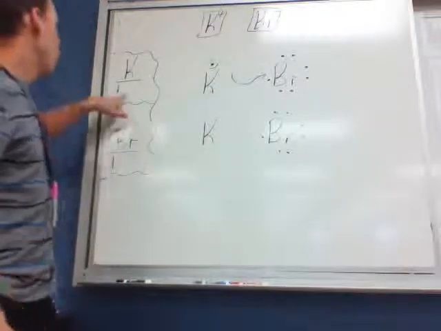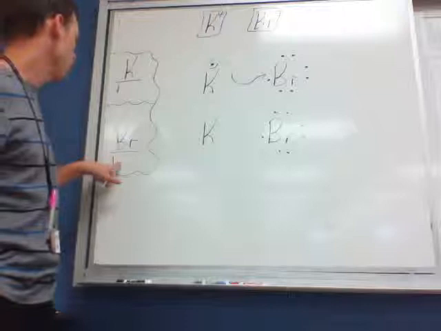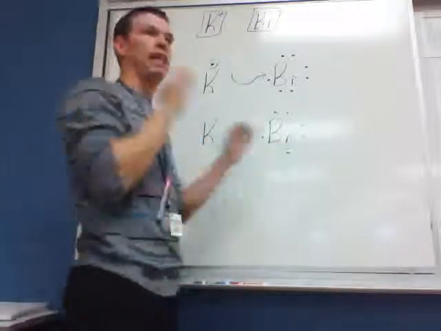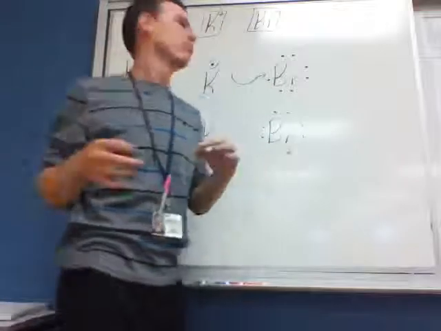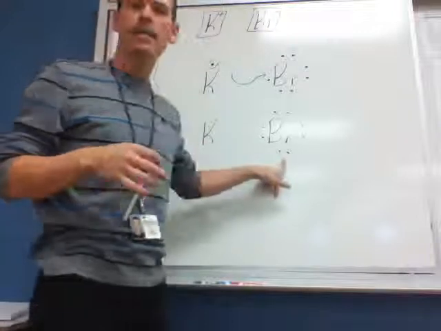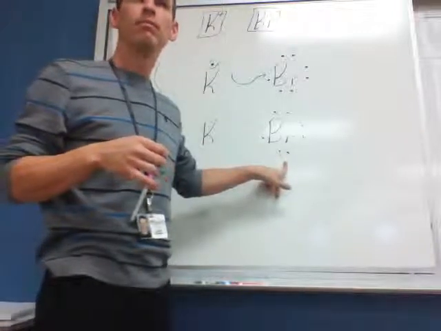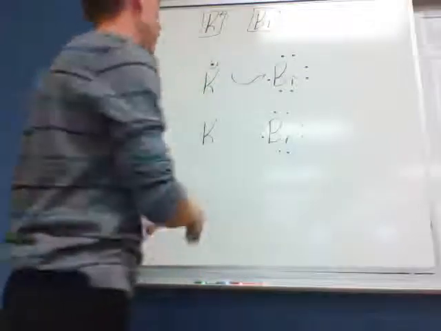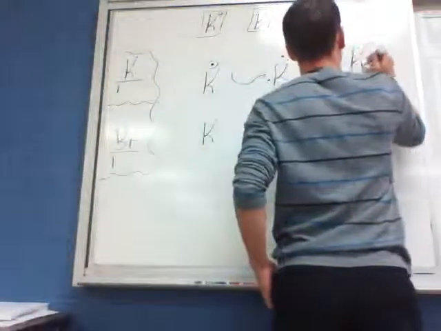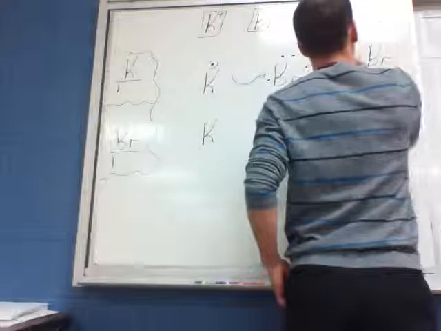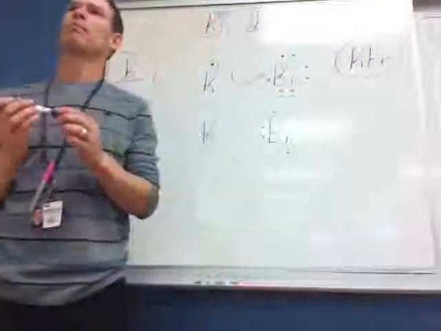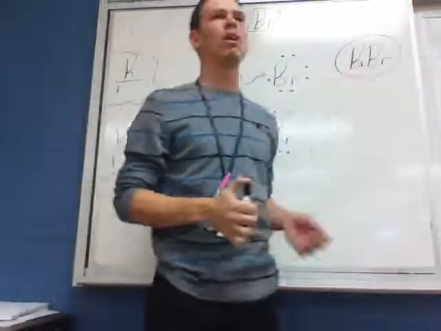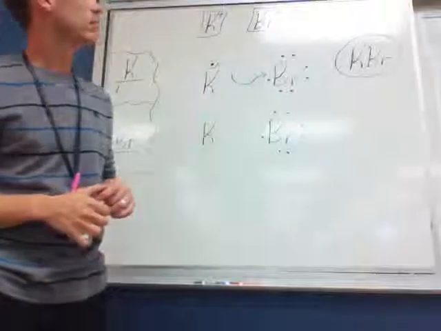So all I had to do was draw 1 potassium and 1 bromine, and I could make everybody happy by moving dots around. 0, 8. If I was going to write this formula, potassium bromide, it would just look like this, KBr. Because there would be 1 of each of them. 1 K and 1 Br.